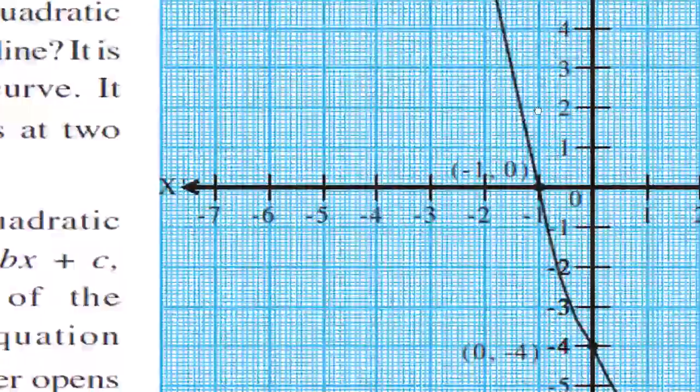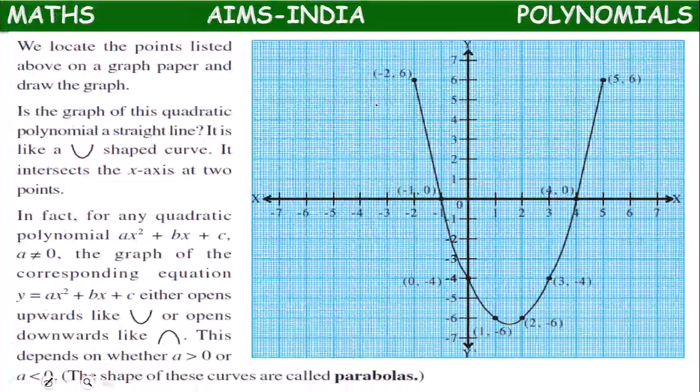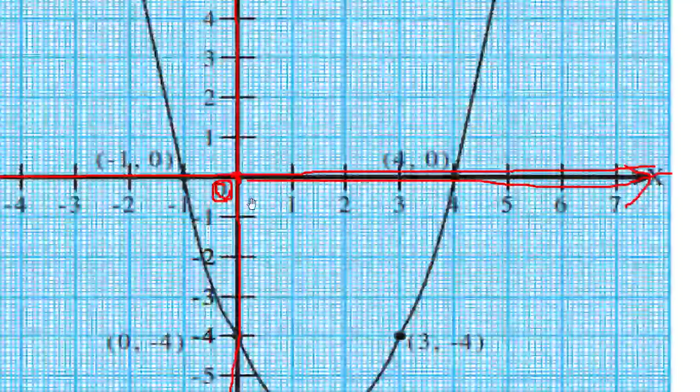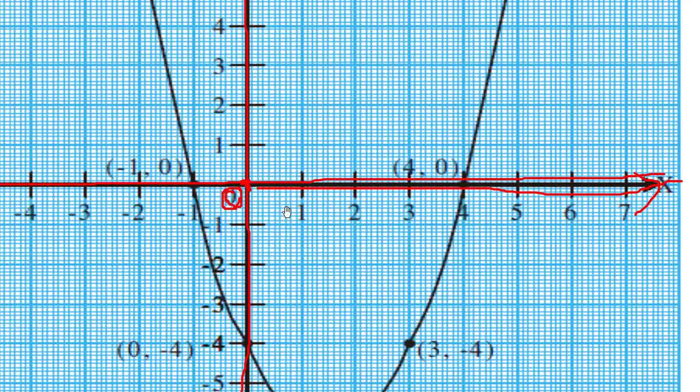So on the graph, children, you have to take the x-axis and the y-axis. They intersect at one point, which is called the origin, whose value is 0. To the right hand side of 0, you have to keep values at equal, unit distances: 1, 2, 3, 4, 5, 6, 7.